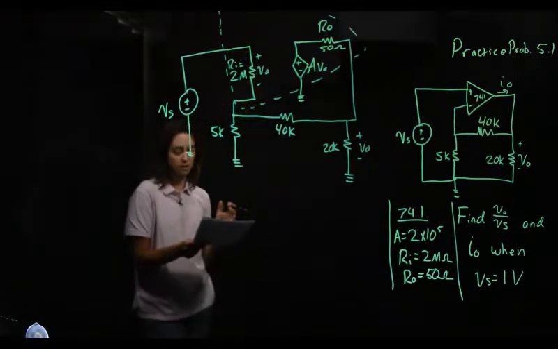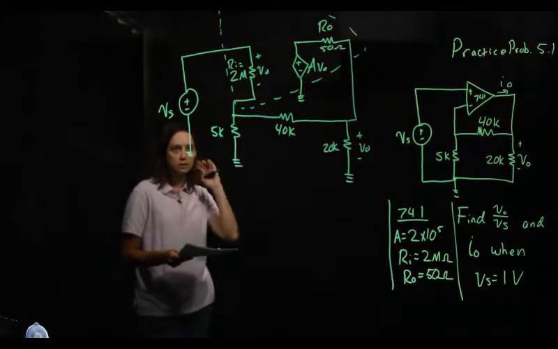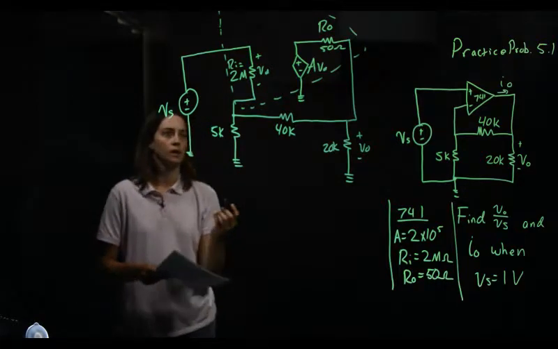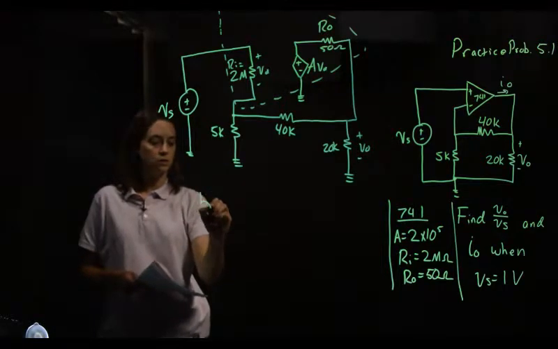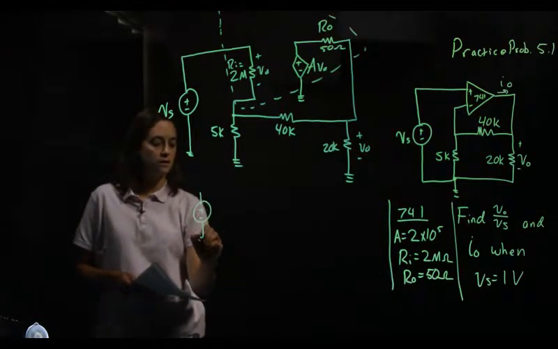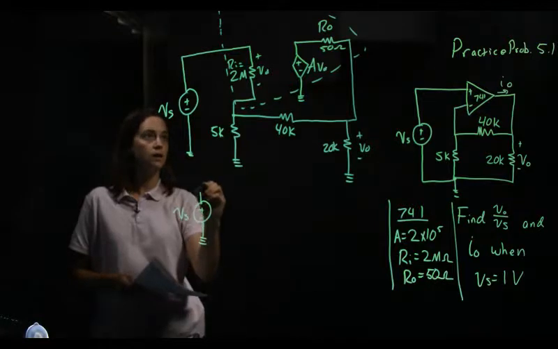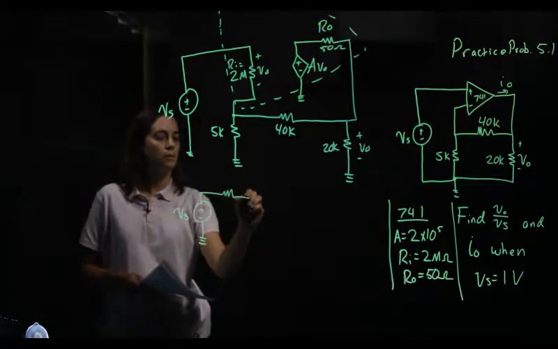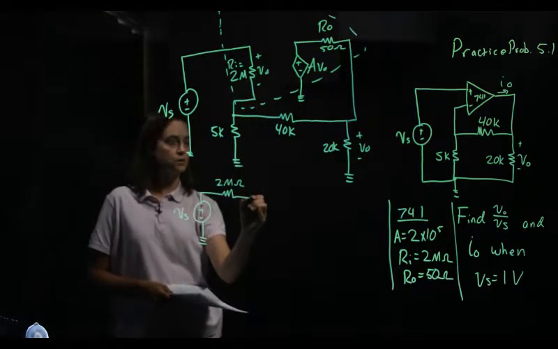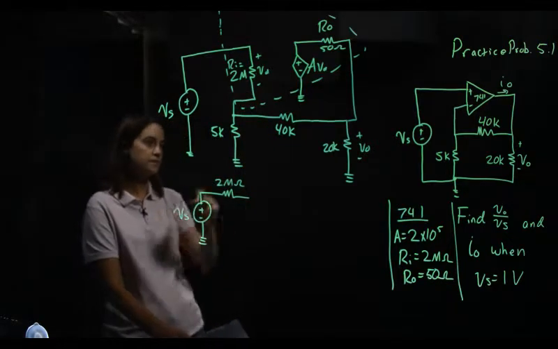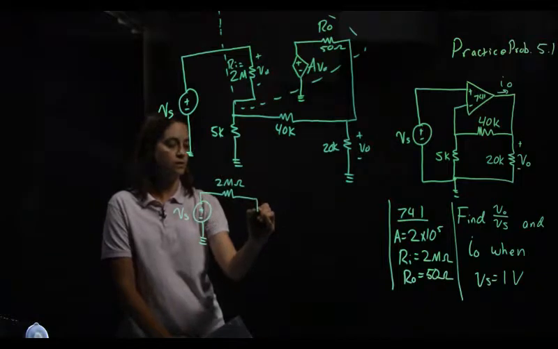Okay, so it looks a little crazy, right? But we can draw this a little bit nicer if we want to. These two are just in series. So I can draw my VS here with that 2 meg in series. That goes to a 5K, right here.